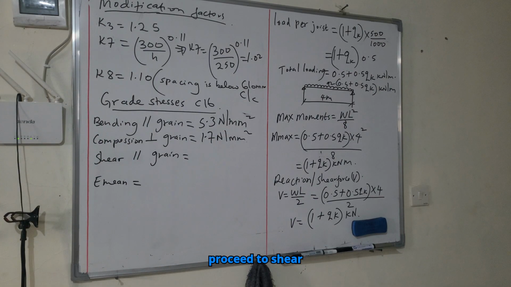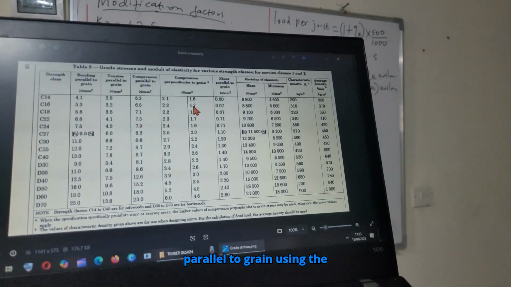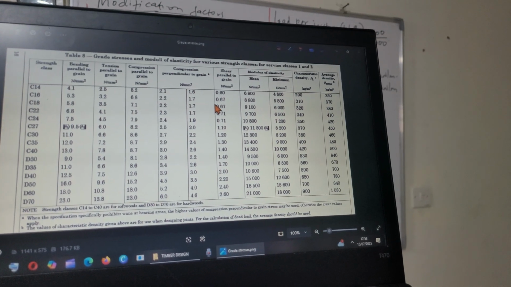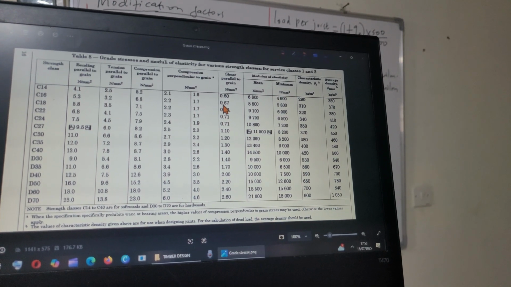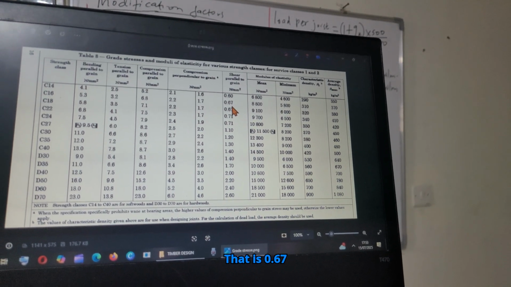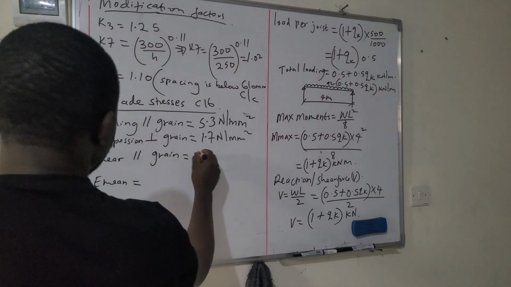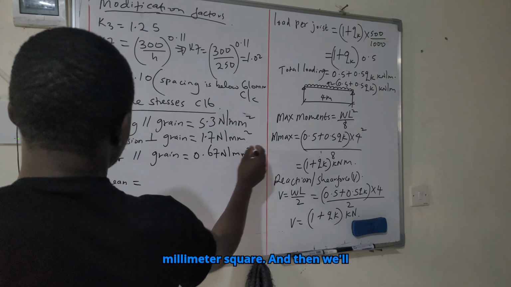You'll proceed to shear parallel to grain using the same strength class. So shear parallel to grain, that is 0.67 Newton per millimeter square.